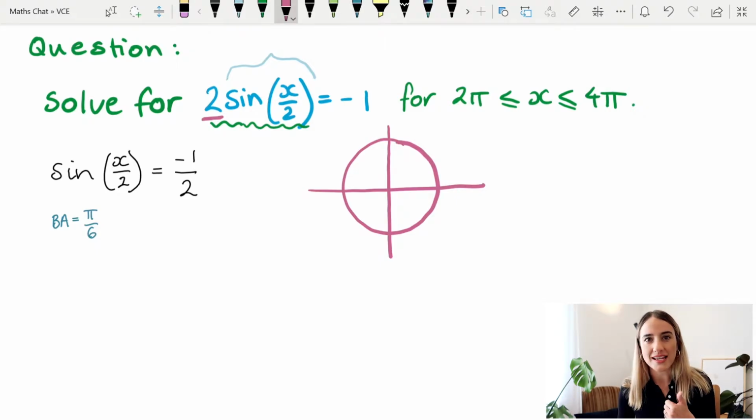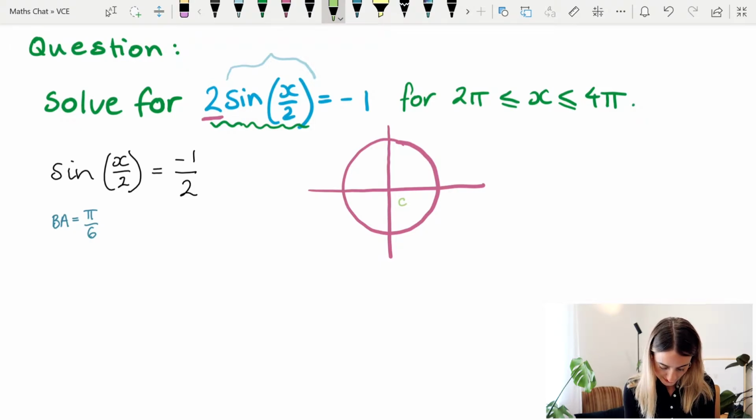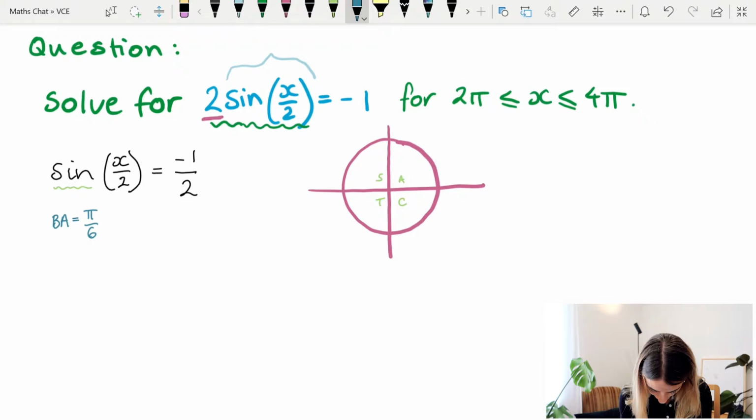So we've already found the base angle, and now we're identifying the quadrants. If we go with our acronym, which is CAST, we know that sine is negative in this quadrant and this quadrant.